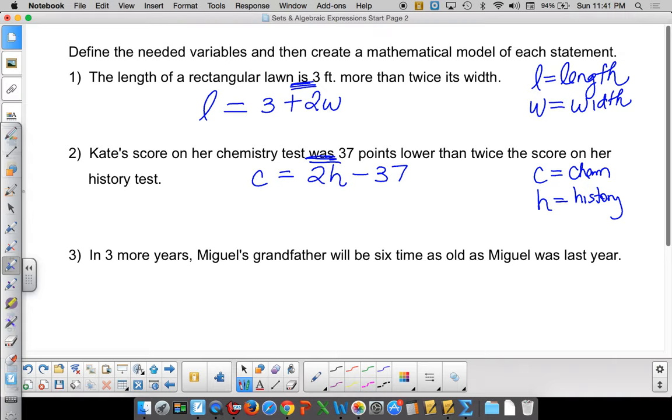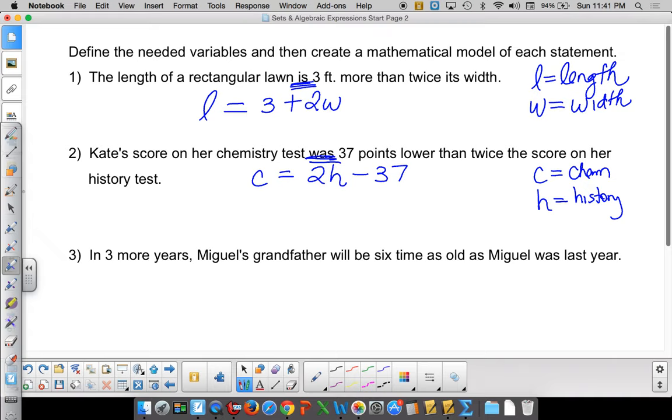Okay. This last one's a little trickier. In 3 more years, Miguel's grandfather will be 6 times as old as Miguel was last year. Okay, so that one's going to take a little bit of thinking about. So the question is, what are our variables?